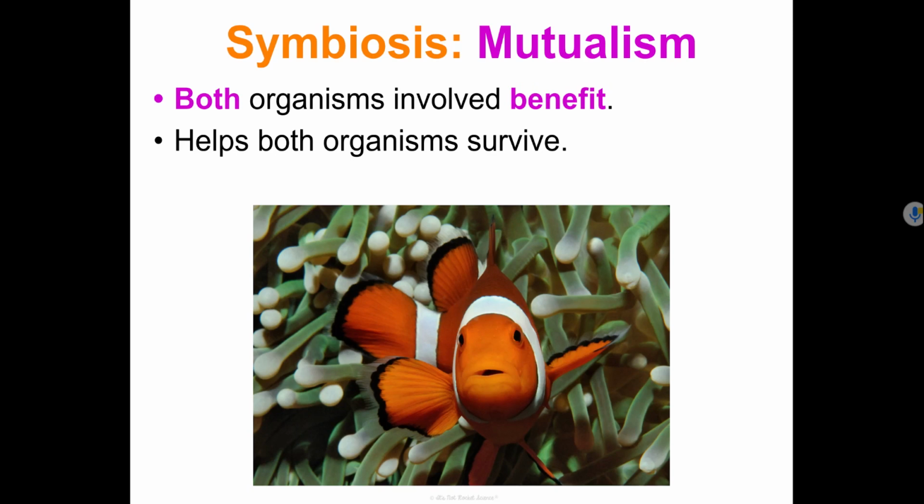Clownfish are immune to the anemone's poison, and so the clownfish can actually live within the tentacles. Those tentacles provide protection to the clownfish. That's the benefit for the clownfish. In return, the clownfish cleans the anemone's tentacles, keeping the anemone free from parasites. And so that's the benefit for the anemone. In this case, both organisms benefit, both help each other survive.